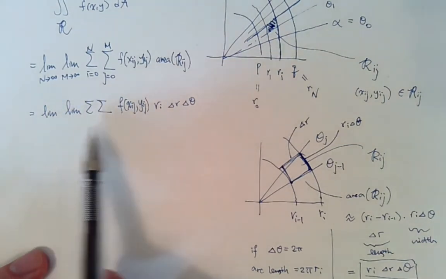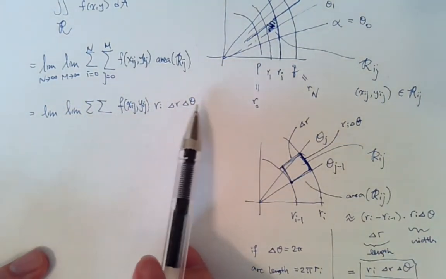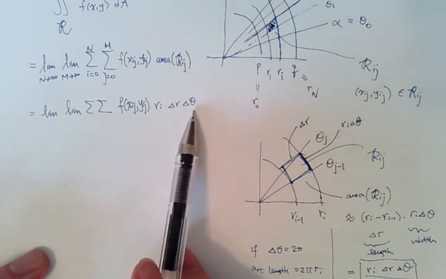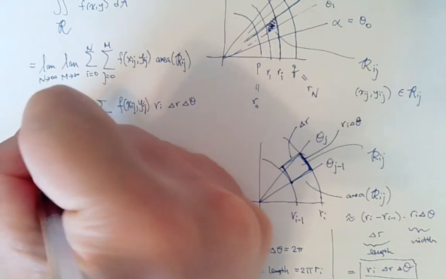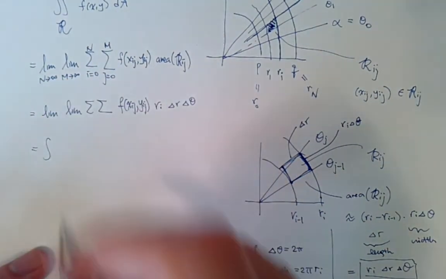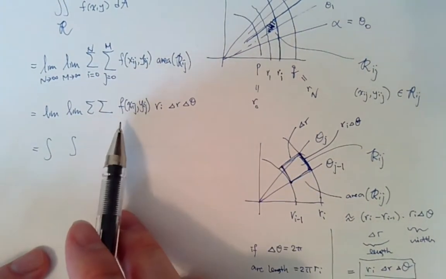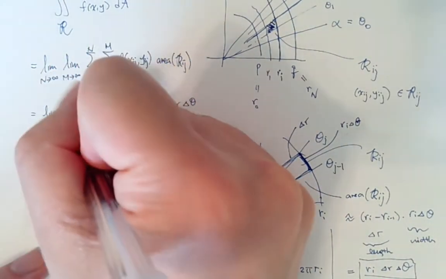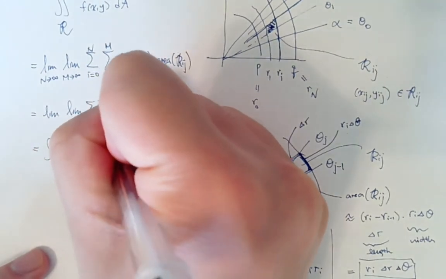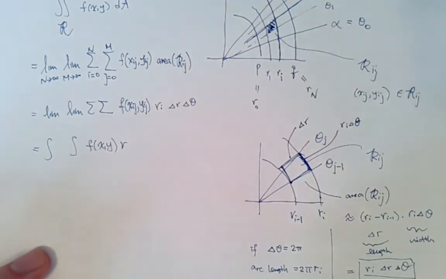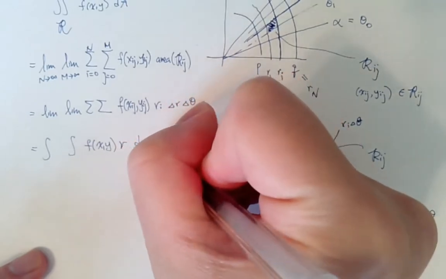And so now we recognize this, now that it has delta r and delta theta, as a double integral. This is equal to an iterated double integral. I'll fill in the details later. Okay. And then now we drop the sub i's and j's as usual. f of x, y, r dr d theta.